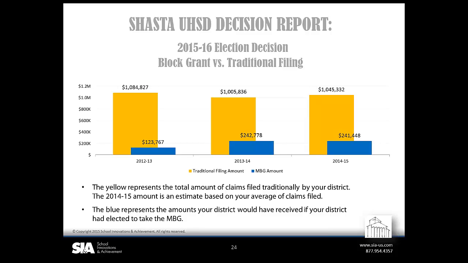For us, we've been fortunate in the sense that our reserves have been very healthy and we haven't been caught in that cash flow pinch that I think a lot of districts found themselves in over the last 5-6 years, or at least since 2008. So that's really helped us in not having to take that block grant option and stay with the traditional filing. So that's been a benefit for us.